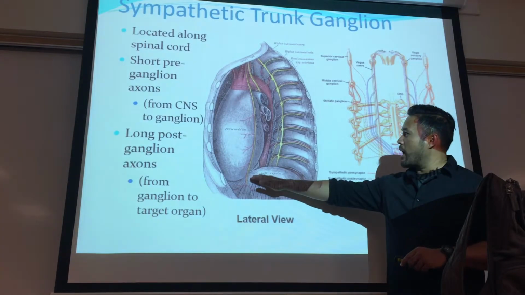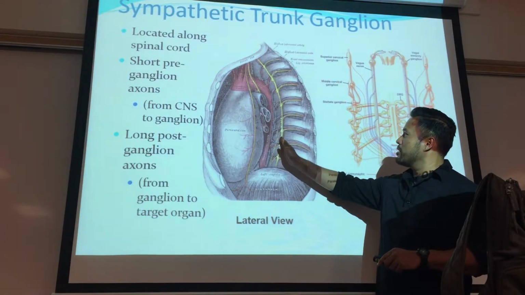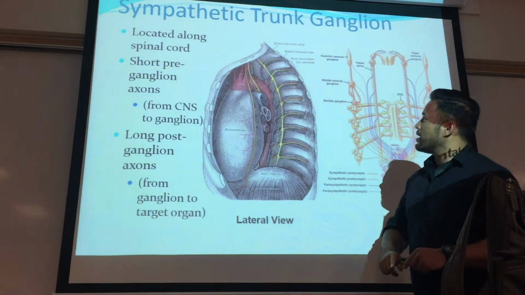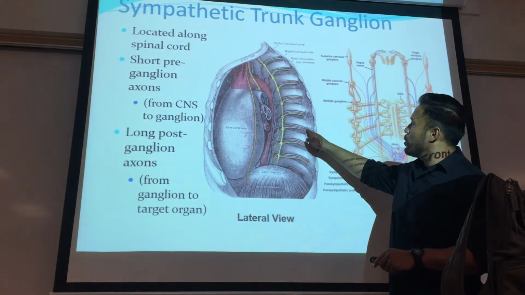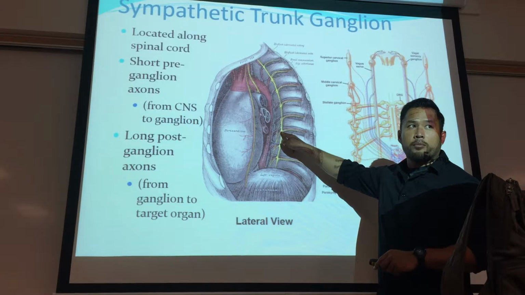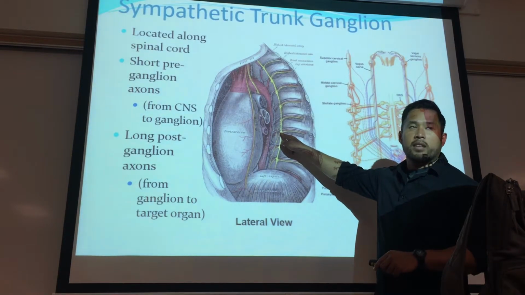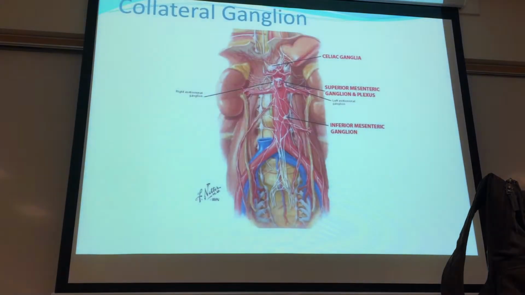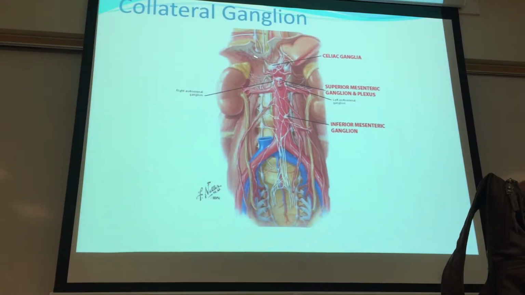So here you're going to be able to see on this slide a picture of the ganglia where you can see the sympathetic trunk ganglion, and that's going to be represented in yellow. And anything that travels out of the spinal cord will travel out and terminate on the sympathetic trunk ganglion. And that's everything from T4 and above. Anything below is going to involve the ganglia below the diaphragm, which you can see at the top of the screen.